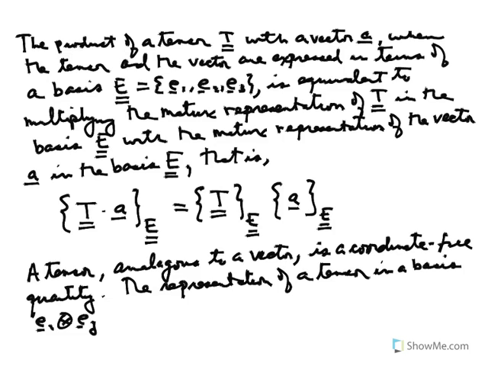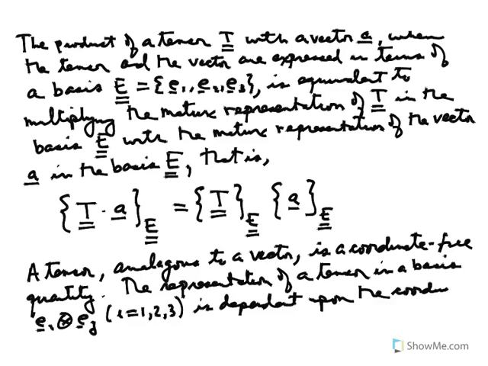It comes from the basis E1, E2, E3, but it's these basis tensors that I'm working with. In a basis Ei circle cross Ej, that representation is dependent upon the coordinate system, which is, in this case, the basis because we're dealing with bases.